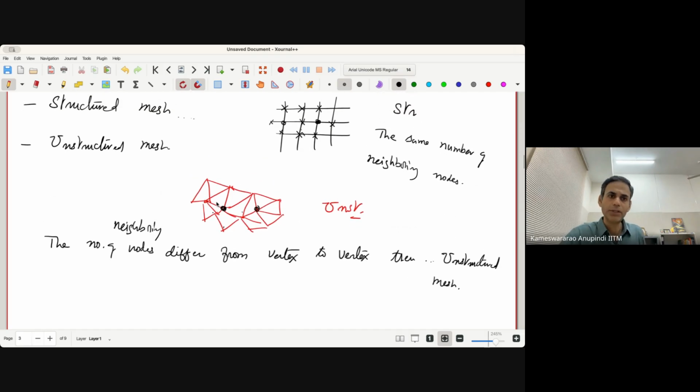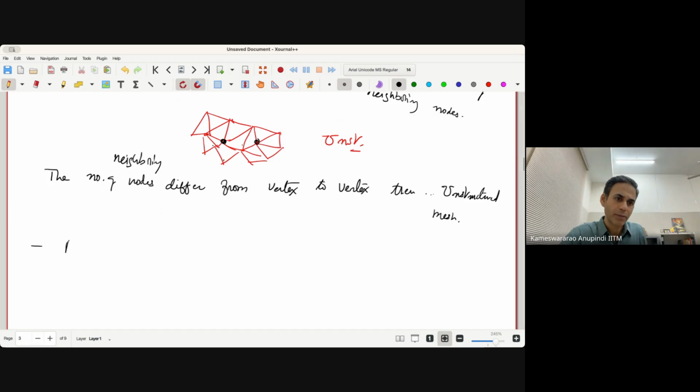Fine. So in general, finite difference methods are typically applied to structured meshes. They are not very much applied to unstructured meshes, whereas finite volume methods and finite element methods are typically applied to unstructured meshes.